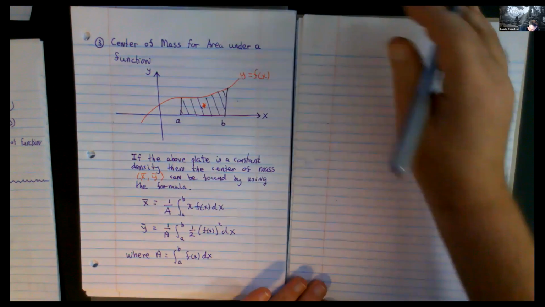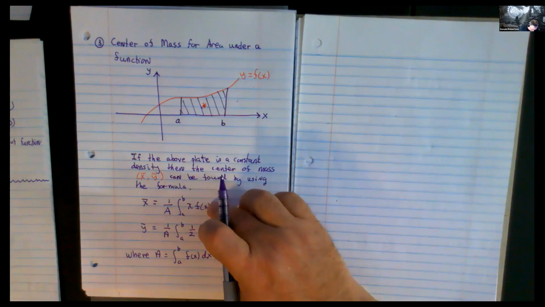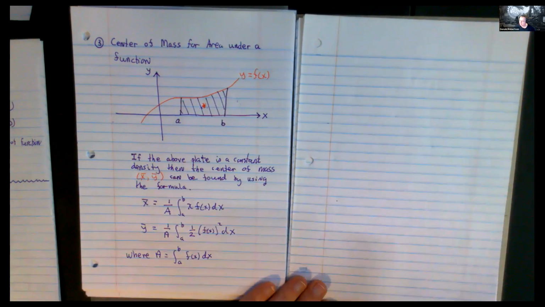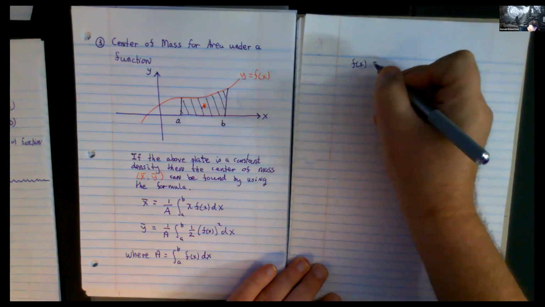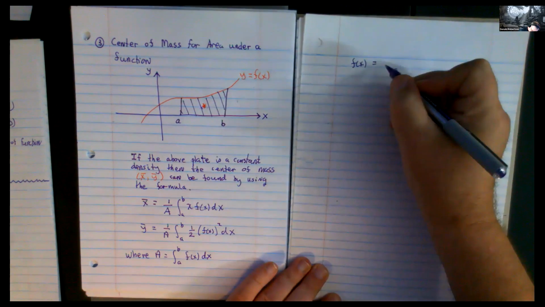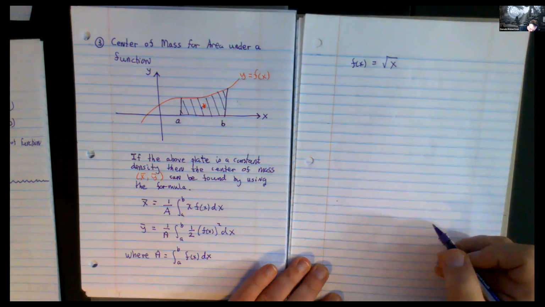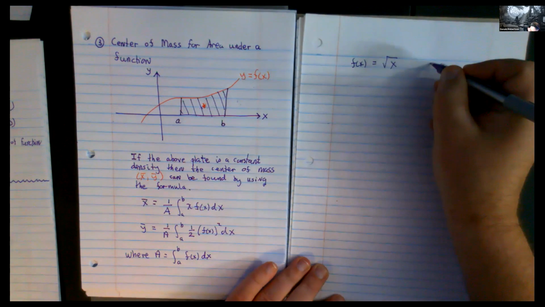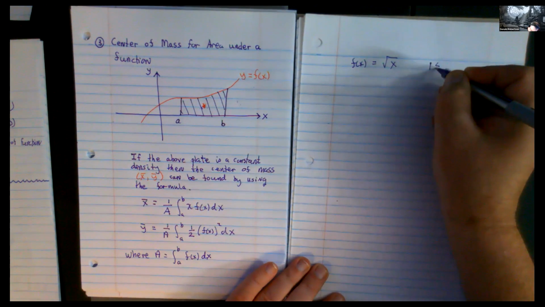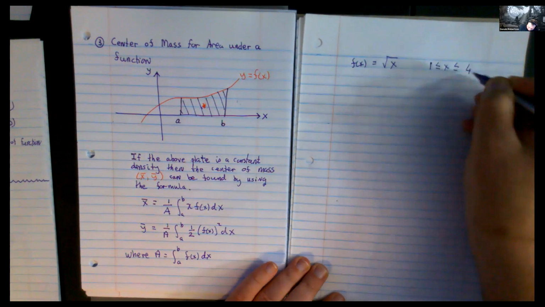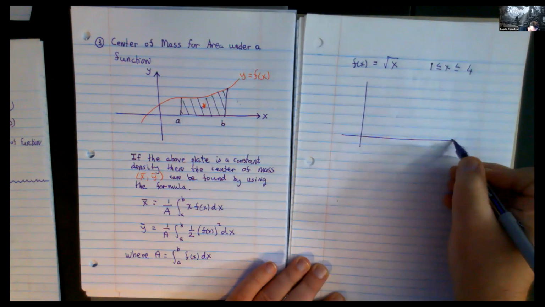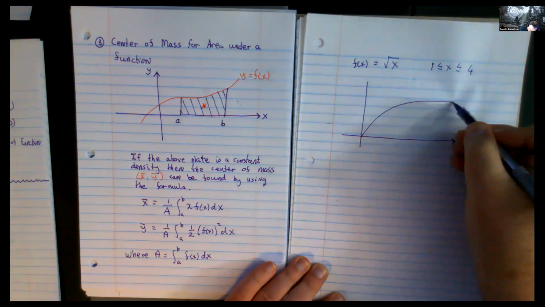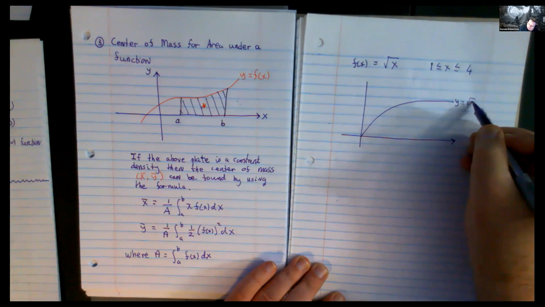Okay. So x bar, y bar, and a. So this is calc now, right? This is good old integration. So let's suppose I have the function f of x, and it's equal to the square root of x. And it's going to go from x equals 1 to x equals 4. And I'd like to find what the center of mass of that shape would be. So can you imagine y equals the square root of x, right?